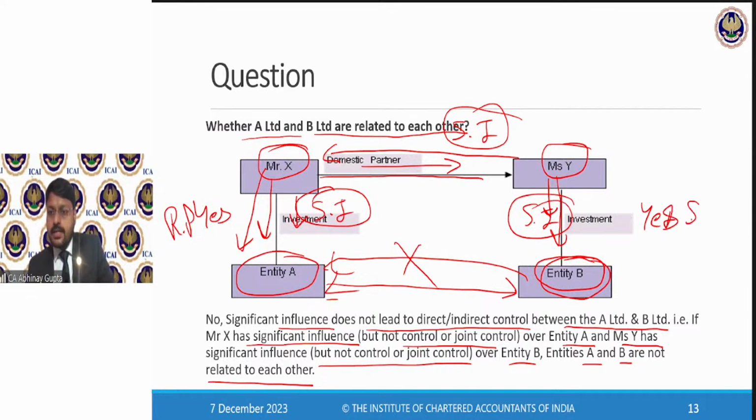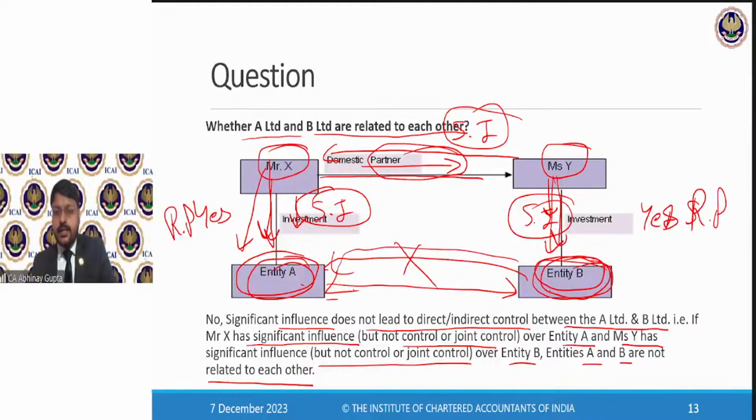Now, entity A and entity B cannot be treated as related parties to each other, right? Although Mr. X is a related party for entity A, Ms. Y is a related party of entity B, and they are domestic partners, still entity A and entity B are lacking any sort of control. That's why they are not related parties.